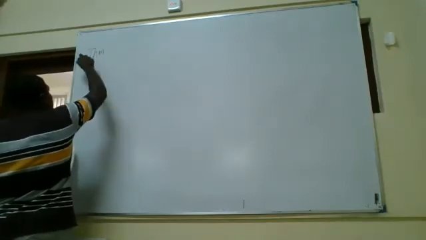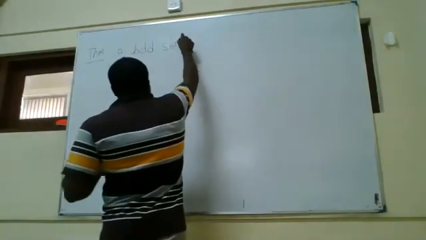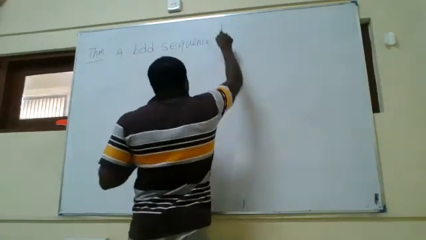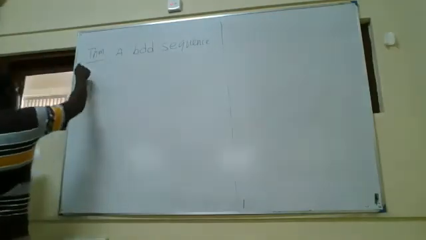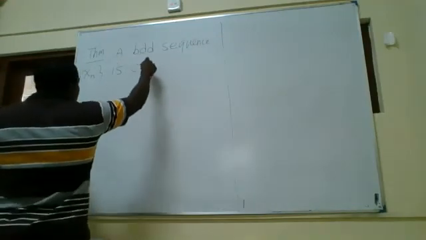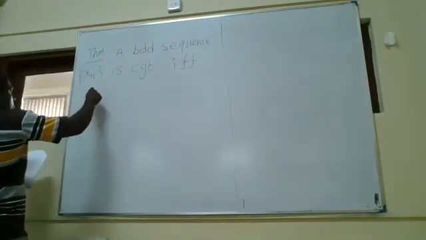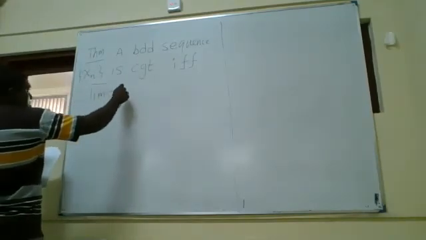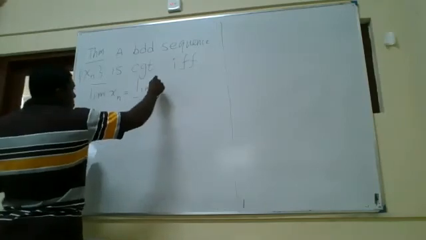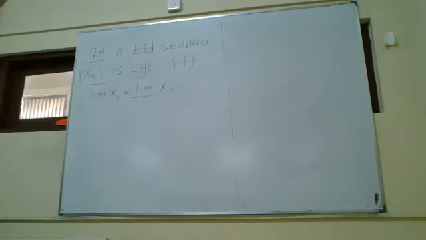Again, theorem. Okay, so we are going to show that if the upper limit and the lower limit of the sequence are equal to each other, then we say that the sequence is convergent.